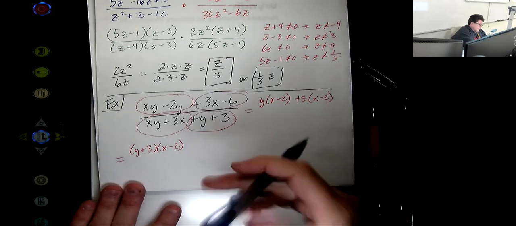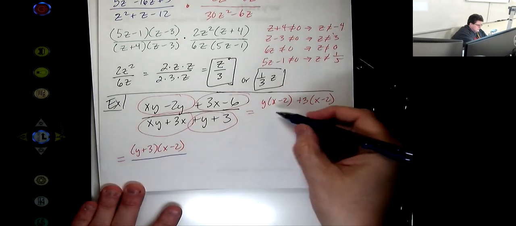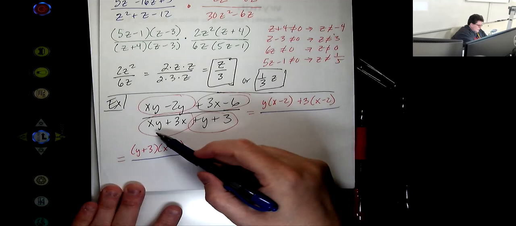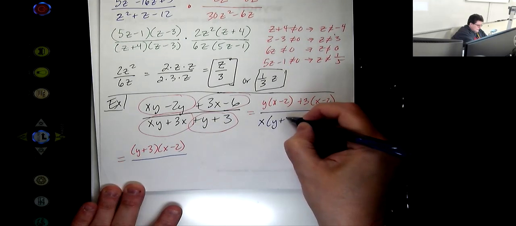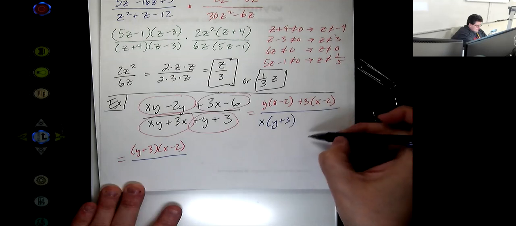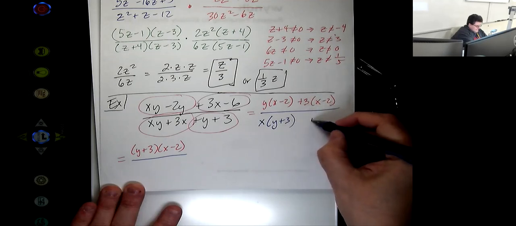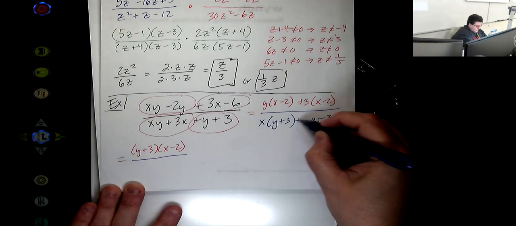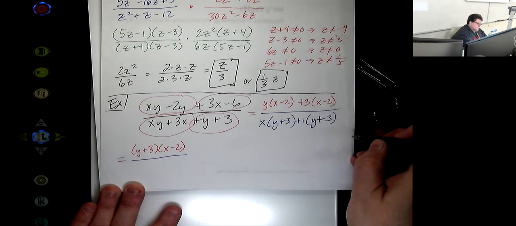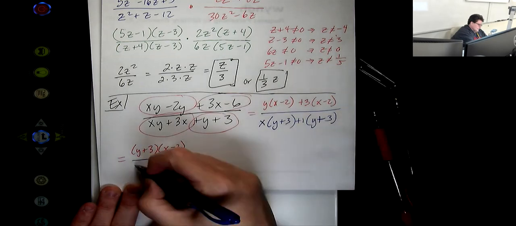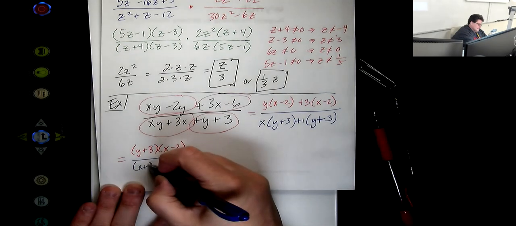And then if I do the bottom, the xy and 3x, they both have an x in common, and I'm left with y plus 3. And the y plus 3 doesn't have anything in common, so I'm just going to put plus 1.